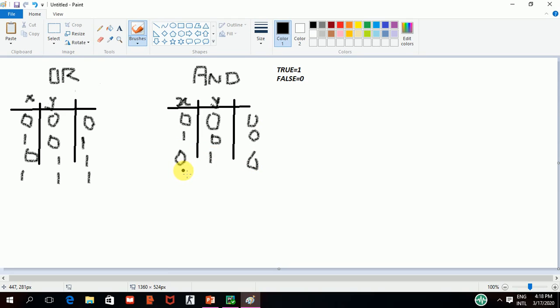Only when it is true on both sides is it the only condition in the AND operator where the conditions are true and the result is also true. And one thing you will notice is that you can take it as a multiplier. Likewise, 0 multiplied by 0 equals 0, 1 by 0 is 0, and only 1 multiplied by 1 is 1.